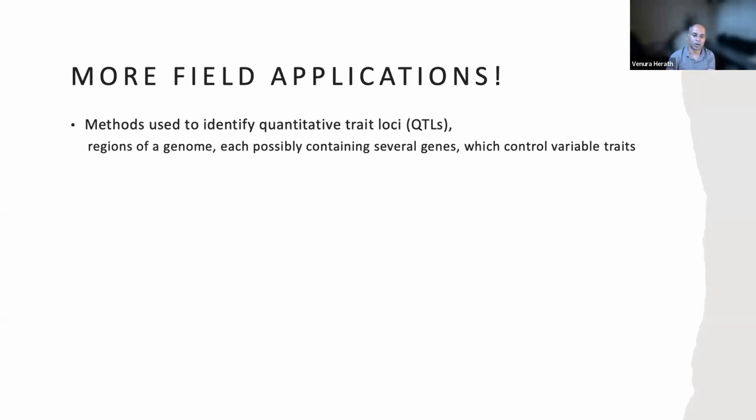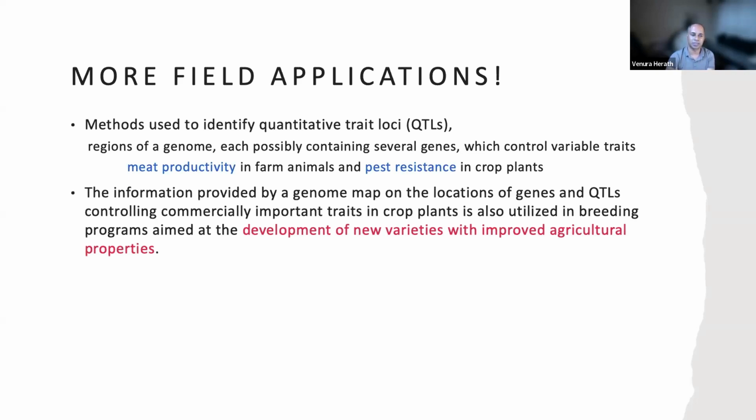If you think about animals, QTLs can affect meat productivity, like how much fat an animal gains and how quickly. In plants, they can determine whether they are resistant to different insects or pathogens. That's what QTLs are like, and you use genetic maps to identify them.